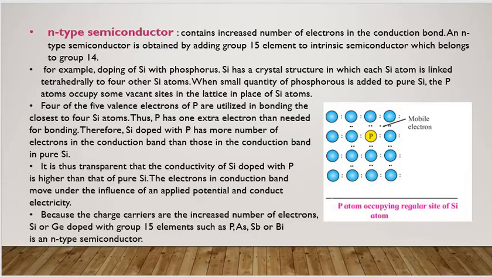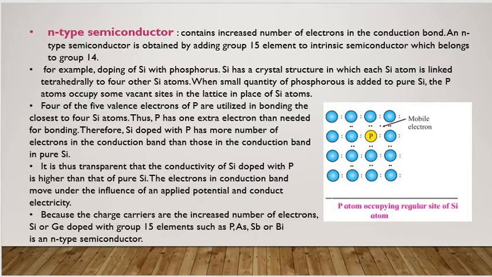Now 4 of the 5 valence electrons of phosphorus usually make bonds with the silicon atoms, but phosphorus has one more extra electron, since it contains 5 electrons in its outermost shell. Therefore, silicon doped with phosphorus has more electrons in the conduction band than pure silicon.